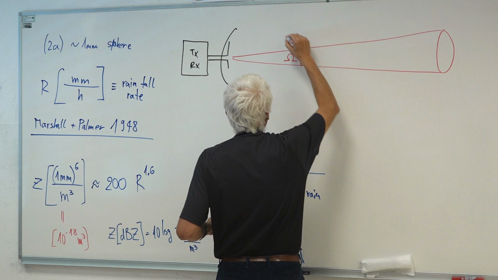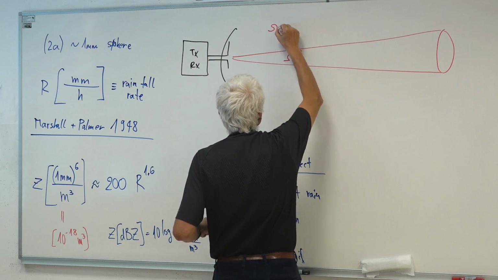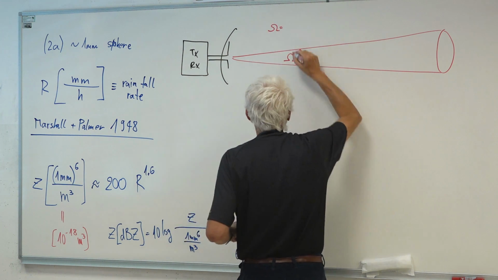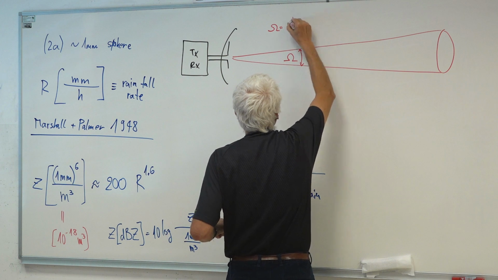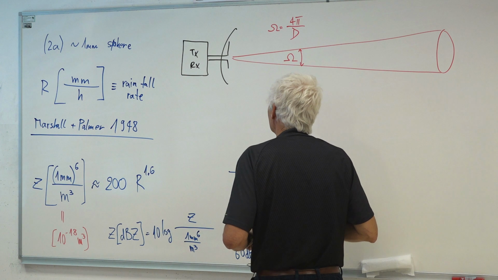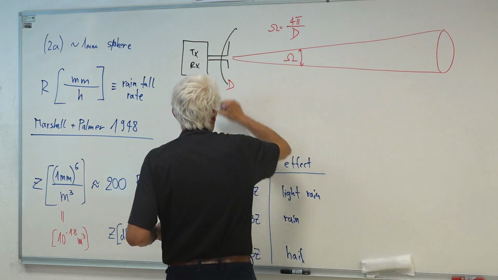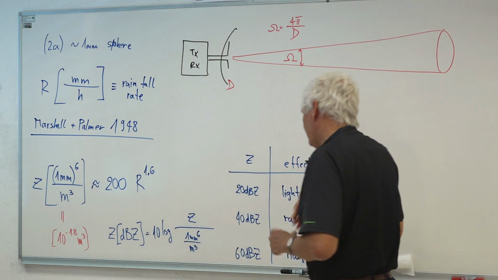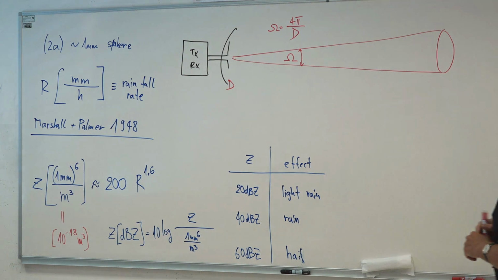So omega is simply 4 pi divided by the directivity D of this antenna. If I have a more complex pattern, the calculation becomes more difficult.